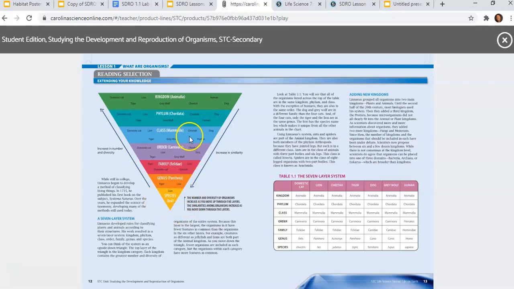Like in this example, they're using the animal kingdom. If you look inside the animal kingdom, they've mentioned some examples: the domestic cat, the tiger, the lion, the gray wolf, the cheetah, the human, and the dog. If we take the lion as our example, the lion is also in the phylum Chordata, which means it has a backbone and spinal cord.